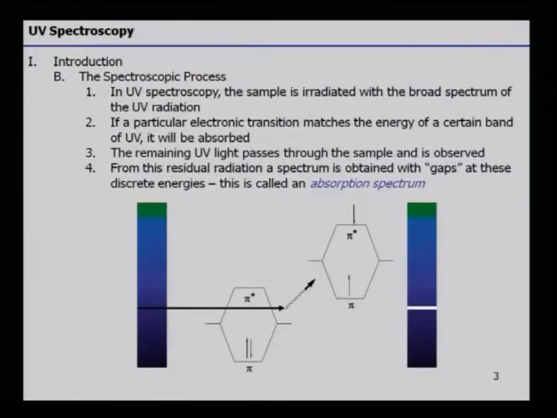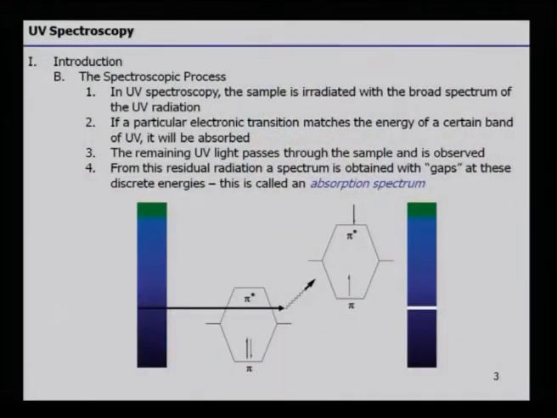Now, what exactly happens? We have discussed this, but what is the spectroscopic process? In UV spectroscopy, the sample is irradiated with a broad spectrum of UV radiation. If a particular electronic transition matches the energy of a certain band of UV, it will be absorbed.